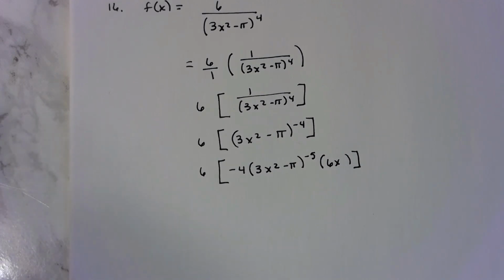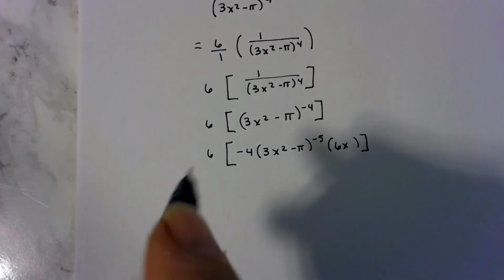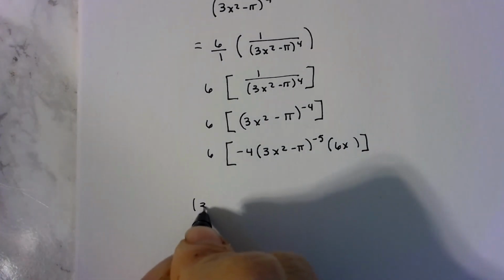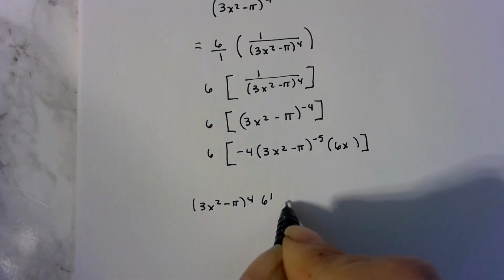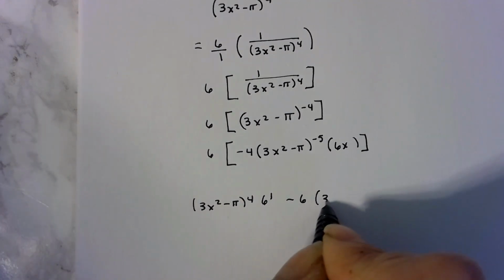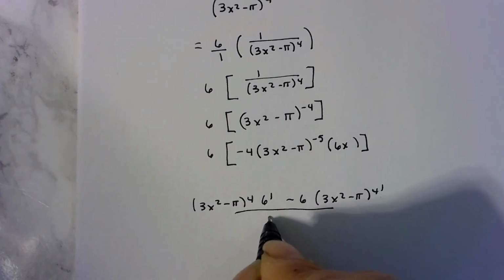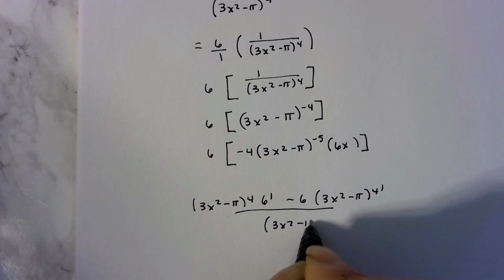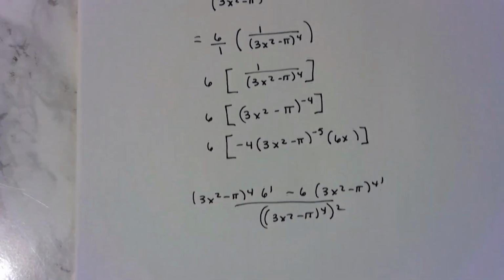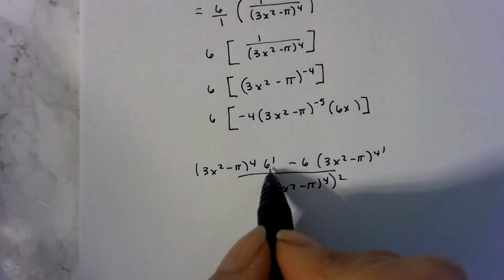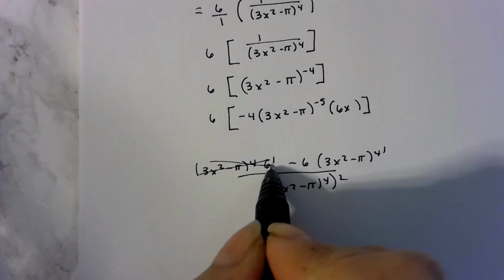Finished. Now I will do quotient rule, just for practice for you guys. So it's low times derivative of high minus high times derivative of low, all over low squared. And if I take the derivative of a number, it's 0, and 0 times this thing makes this whole thing 0.